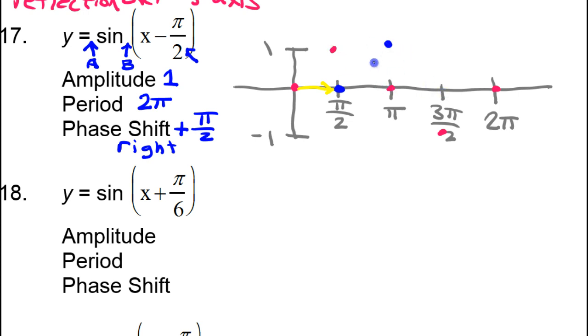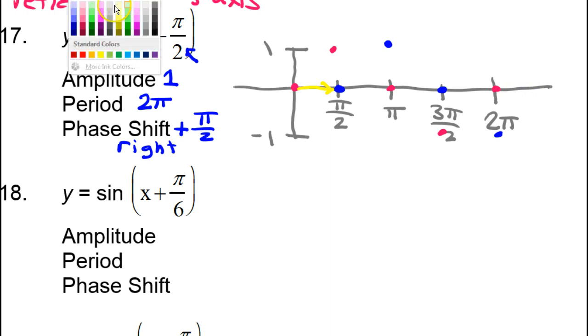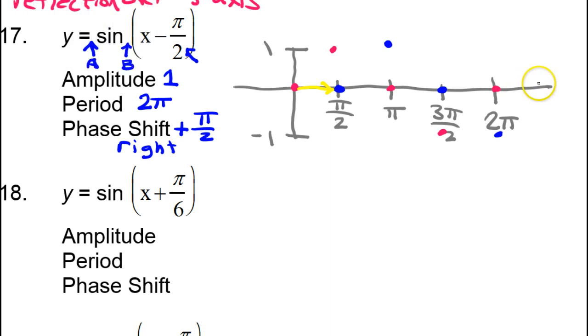So this is going to move here. This dot is going to be here. This dot is going to be here. And this dot will be here. I need to add on another mark. Okay, and I need to label this very clearly. So this is 1 pi over 2, 2 pi over 2, 3 pi over 2, 4 pi over 2.